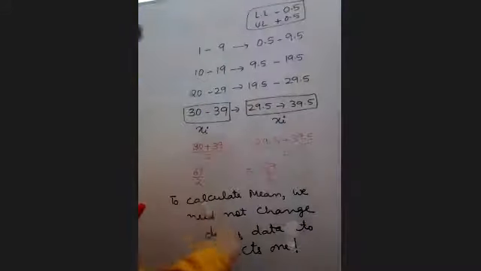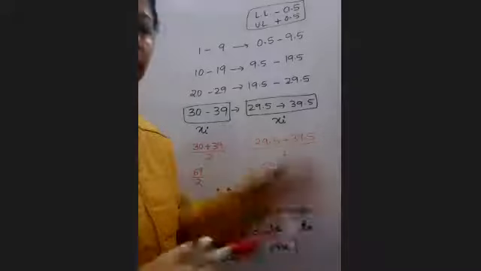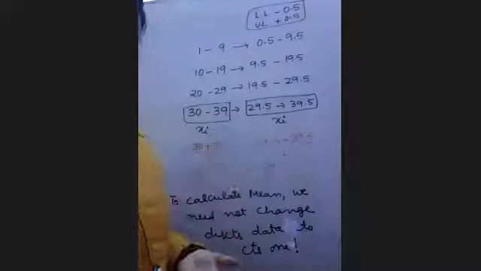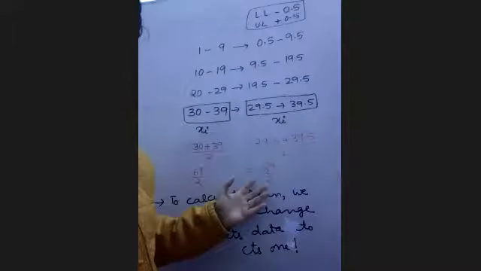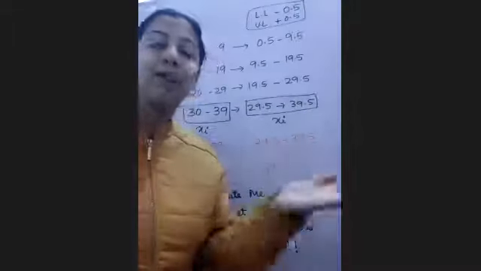Are you clear with this point now? Yes, ma'am. Because xi is independent. It makes no difference to xi whether you are taking discontinuous or continuous, it is coming out to be the same. So when it is coming out to be the same, why should I bother myself? Why should I do one more step?